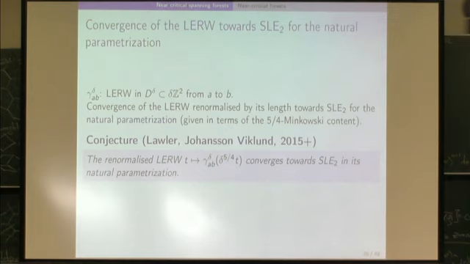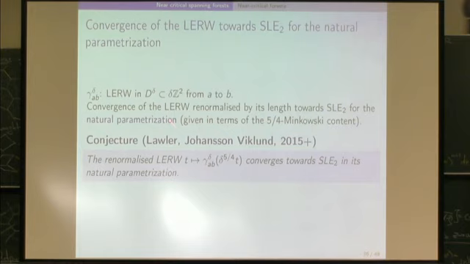We also expect to have soon a stronger result about the convergence of the loop-erased random walk towards SLE2, not for this capacity parametrization, but for its natural parametrization. So if you take the loop-erased random walk that you renormalize by its length, then it will converge to SLE2 for the natural parametrization. What is the natural parametrization of SLE2?